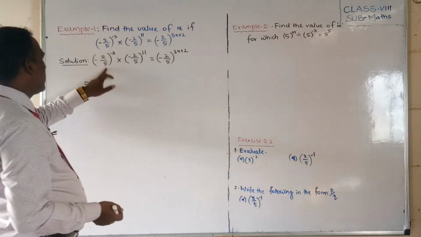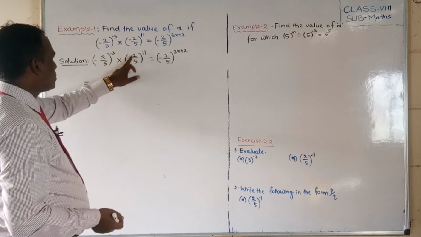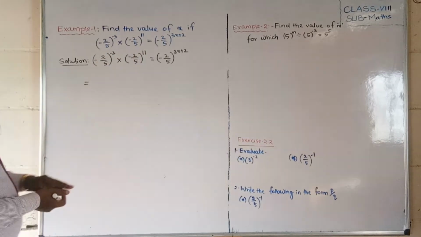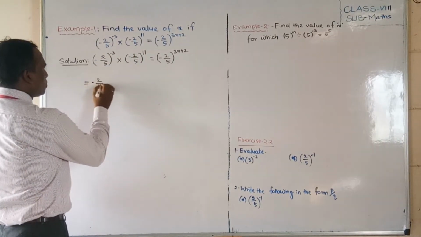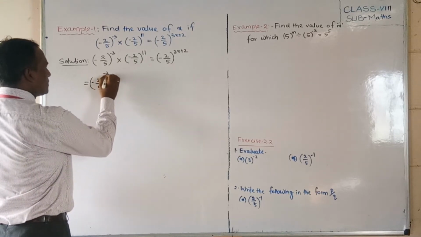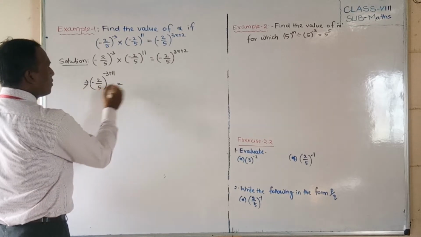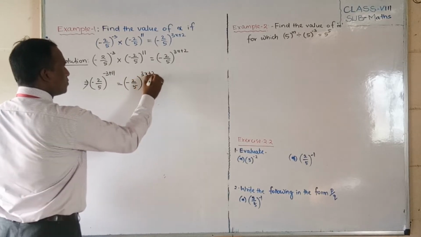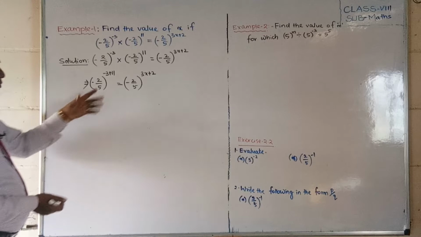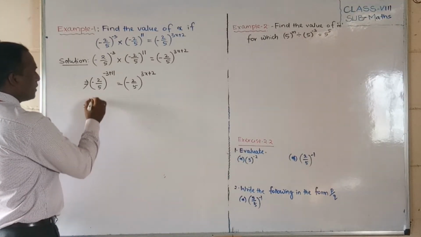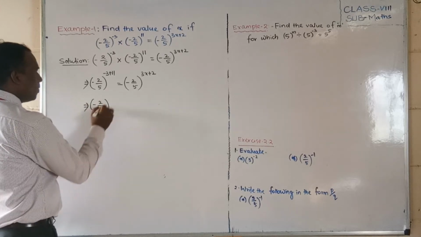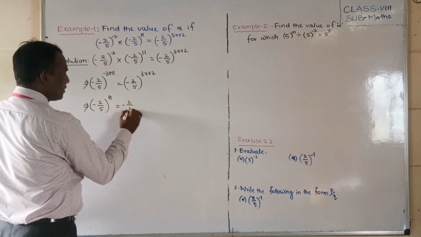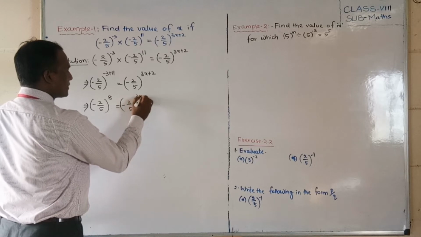Here we have (-2/5)^-3 into (-2/5)^11. If the base is the same, the powers will be added. So we can write (-2/5)^(-3+11) = (-2/5)^(3x+2). Now we can simplify a little: (-2/5)^8 = (-2/5)^(3x+2).